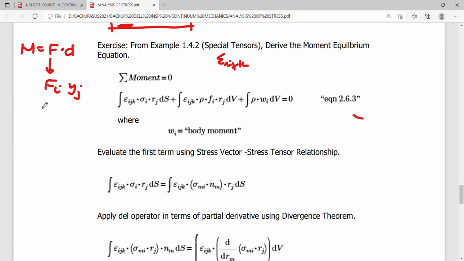our resulting equations were actually in the form F2 Y3 minus F3 Y2 E1.